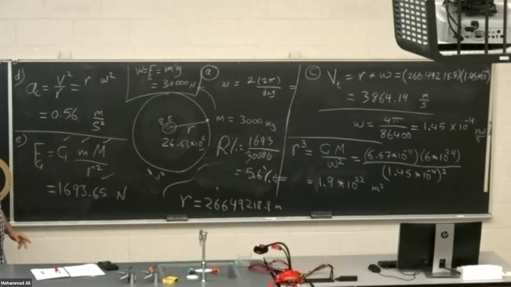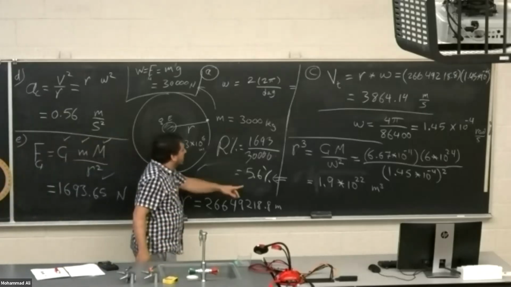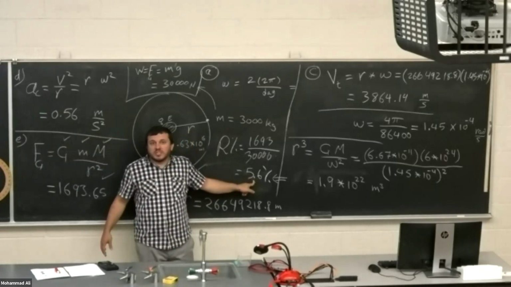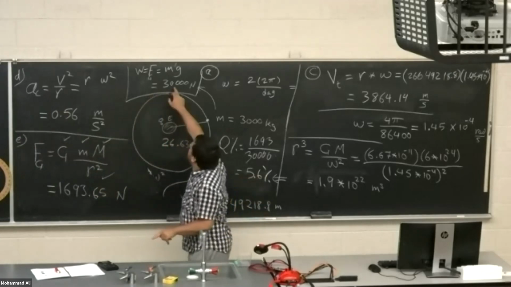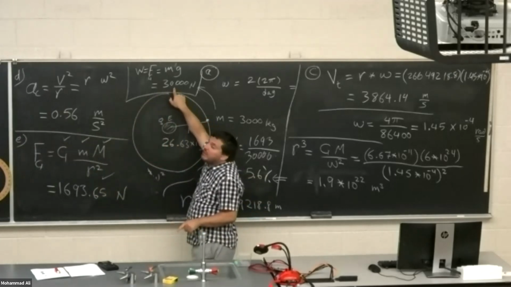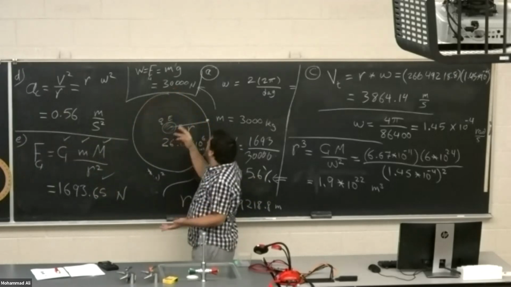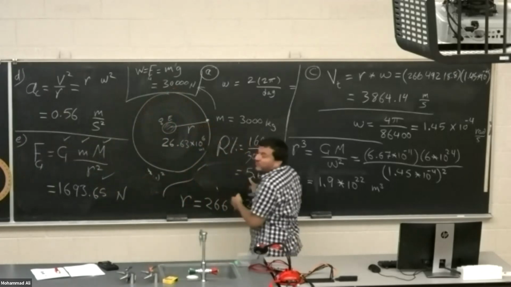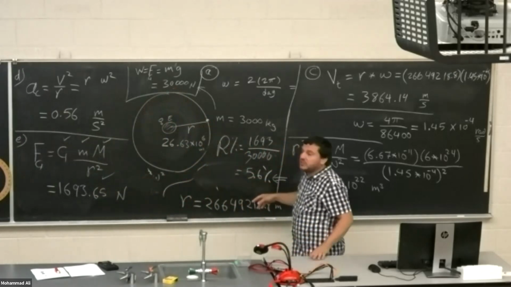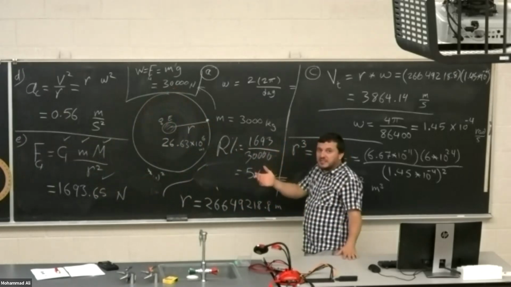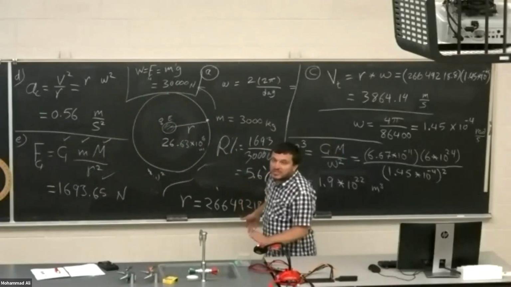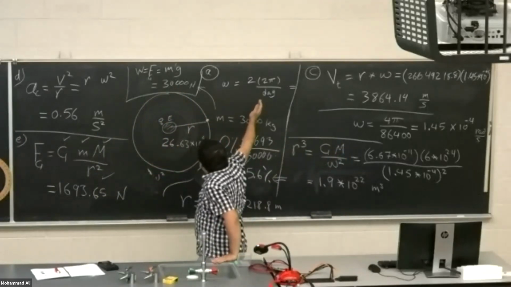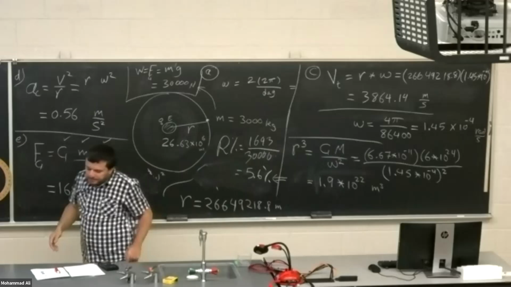Because of that, we say out in outer space there is no gravity. No, there is gravity, but the effect of this gravity is 5%. Is that clear? The weight at Earth's surface is 30,000, the gravity force is 1,693 newtons. This is the ratio, 5%. Because of that, everybody says there is no gravity in space. No, there is gravity, but it is 5% or less. If we go further, then it will be more or less.